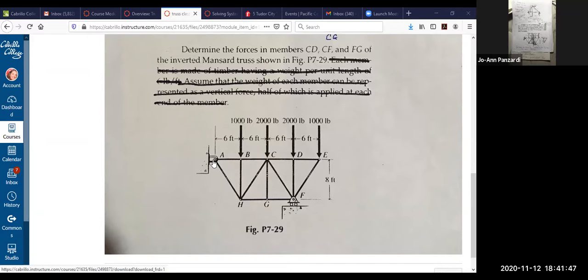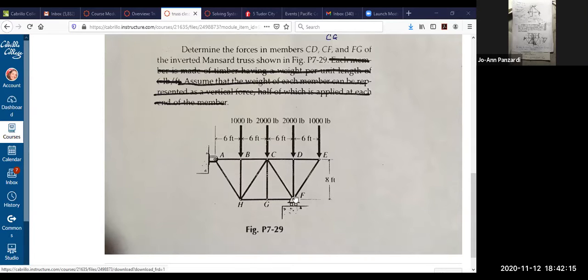So if, let's say, A is a pin and F is a pin, that would be two reactions at each support, which is a total of 4 unknowns. We wouldn't be able to solve it by just looking at the total structure, but hopefully we could find the reactions at one of the supports, because when we do method of sections, we're only looking at the left or the right side.